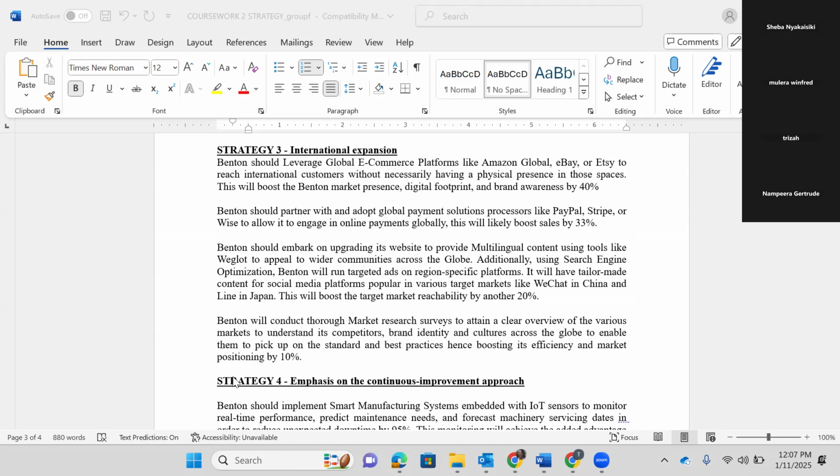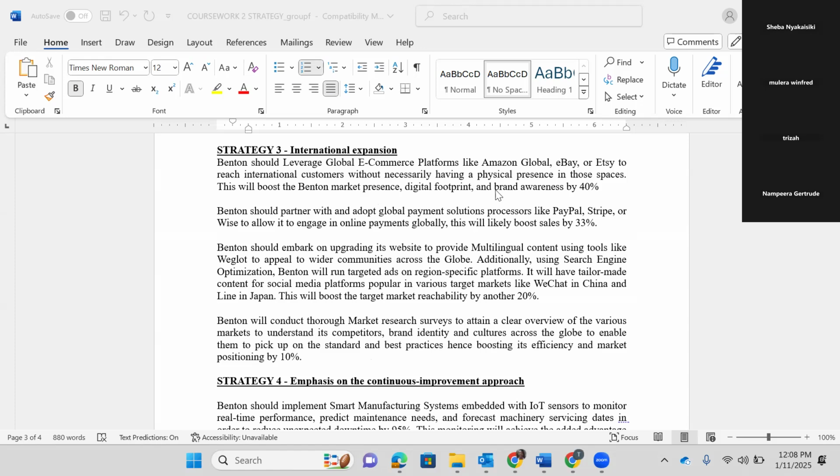As the ICT team, we also recommended a strategy 3, and that is international expansion. We are recommending to Benton Manufacturing Company to use the already existing online selling platforms to reach out to international customers.